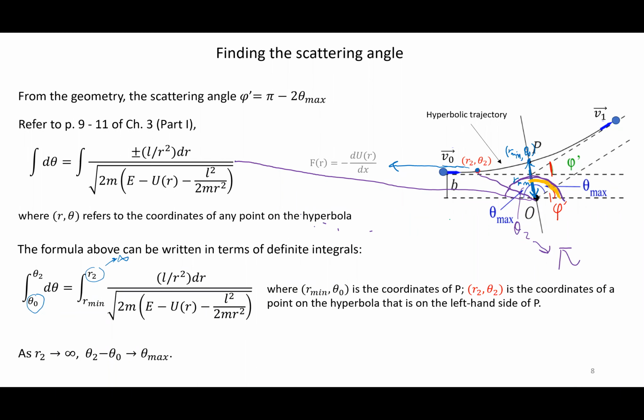Now this theta 2 minus theta naught, which is this green angle over here, will tend to theta max. Because if this theta 2 tends to pi, that means this purple line is essentially a horizontal line, so this angle over here is just the same as theta max.